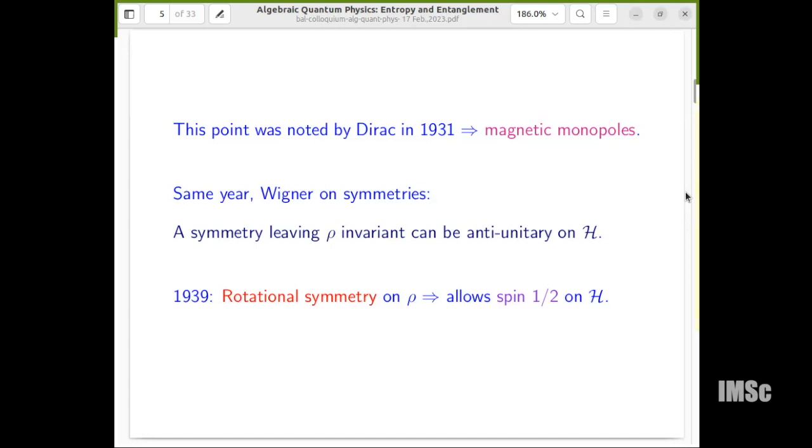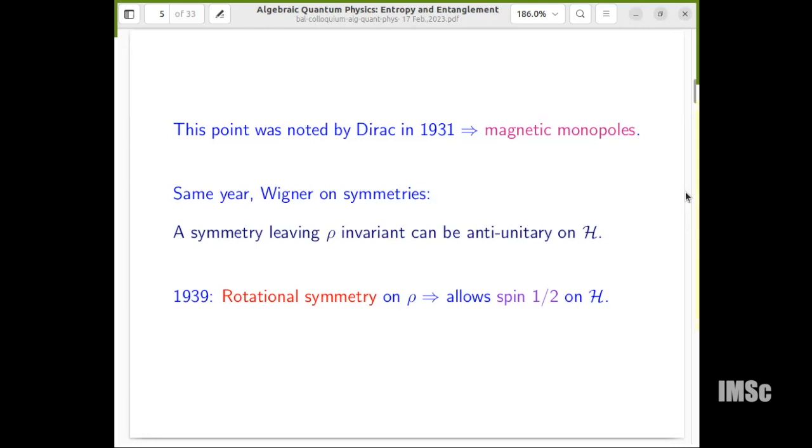Okay? So in 1931 already, hints were coming about the role of density matrices, that density matrices carry much more information than do states, or at least that way of thinking.